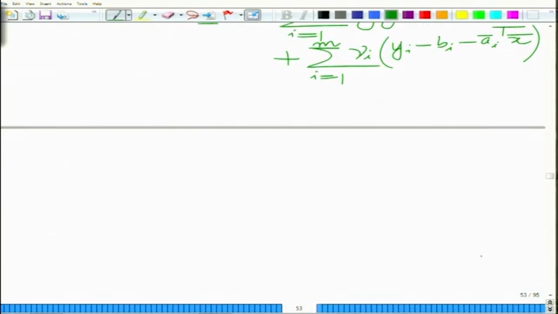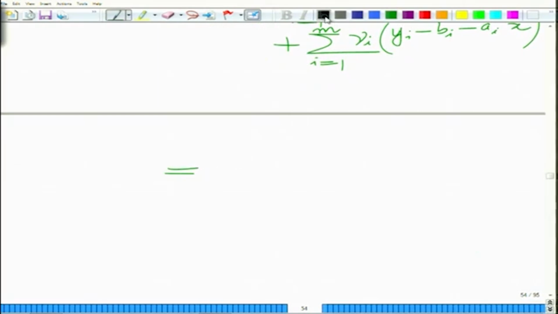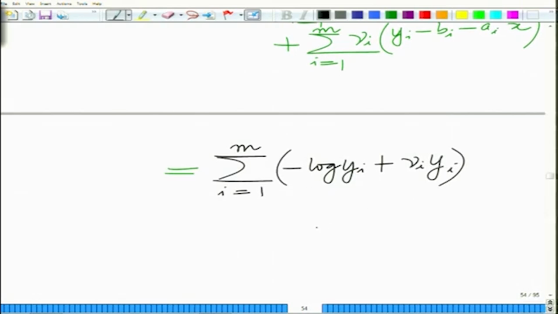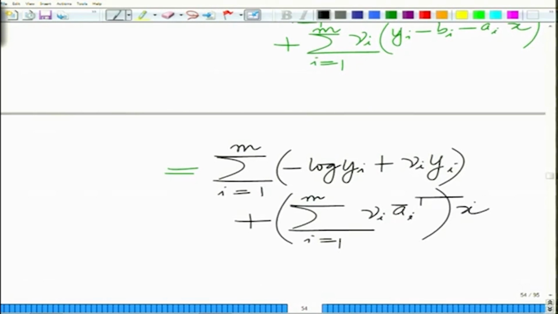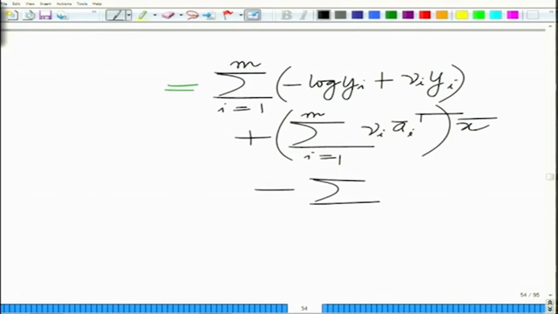Now, once again collecting all the terms, what you will observe is this will become summation i equals 1 to m, first collecting the terms corresponding to yi, minus log yi plus nu i times yi, plus, once again collecting all the terms corresponding to x bar, summation i equals 1 to m nu i ai bar transpose x bar, minus summation i equal to 1 to m nu i bi.